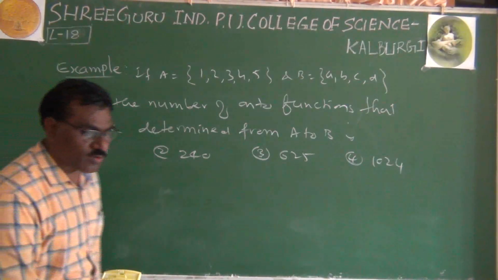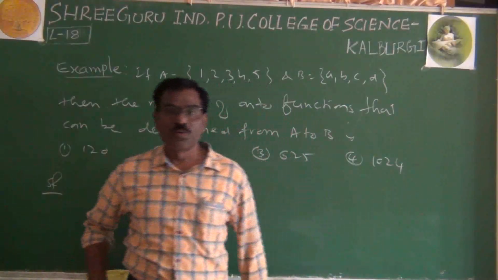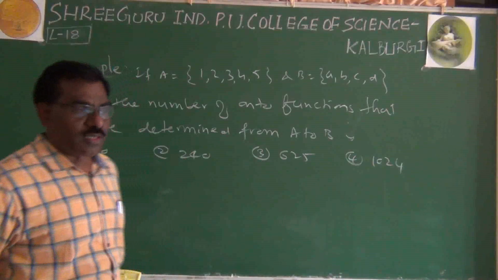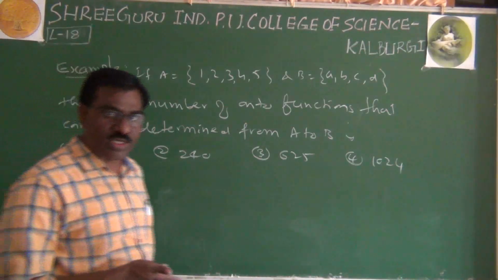Anybody tell me the number of onto functions formula? Yes, summation r equal to 1 to n, minus 1 to the power n minus r.